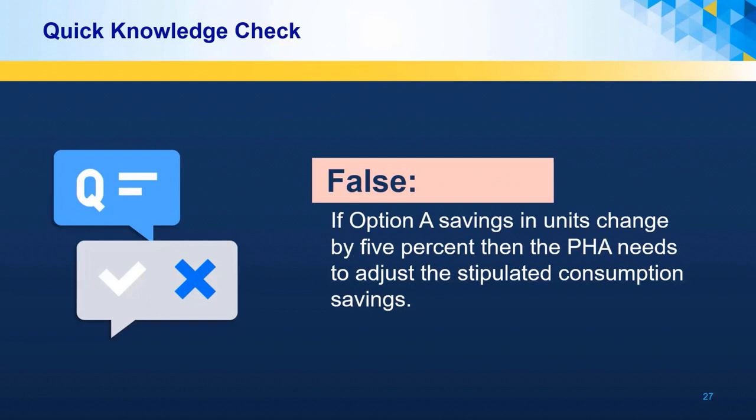Any changes to the stipulated consumption savings must be discussed in the annual M&V report that the PHA transmits to HUD. If sampling consumption values are less than or equal to 10% on average, then no change to the existing stipulated consumption savings are to be made.